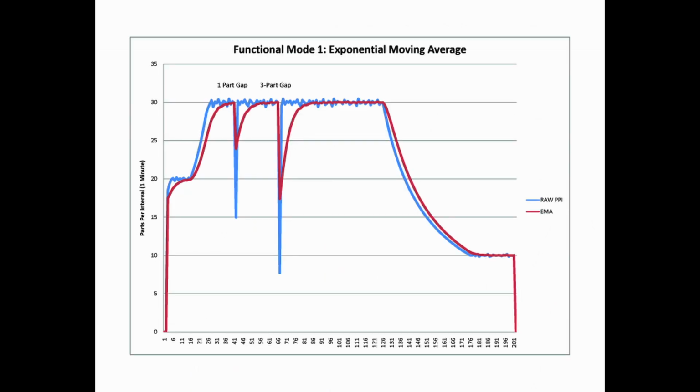The red line on the graph is the exponential moving average. The blue line is the data it's based on, the raw PPI data, or raw parts per minute data, that is being averaged out into this exponential moving average. You can see where a 1 part gap affected the count, and a 3 part gap affected the count. Then it stabilizes, then it tapers down to 10 parts per interval, and then it finishes the line at around 200 parts.